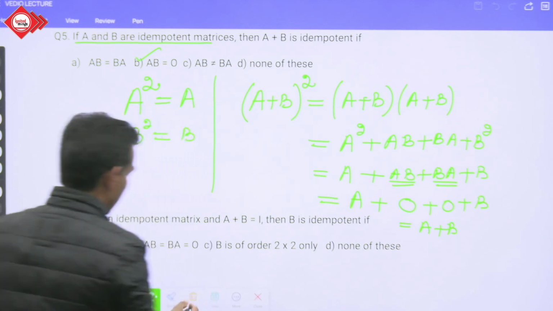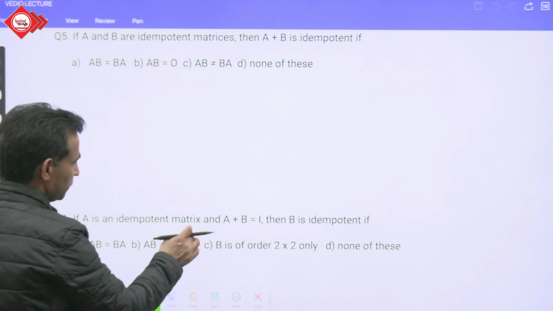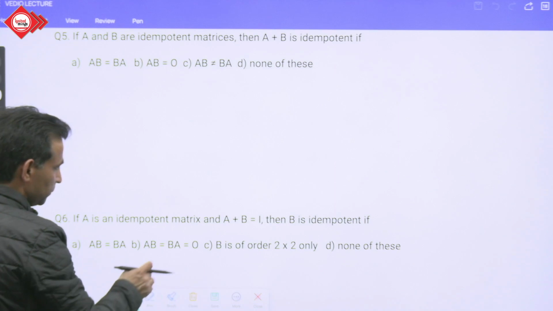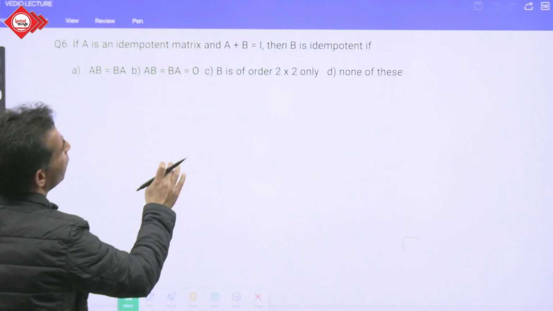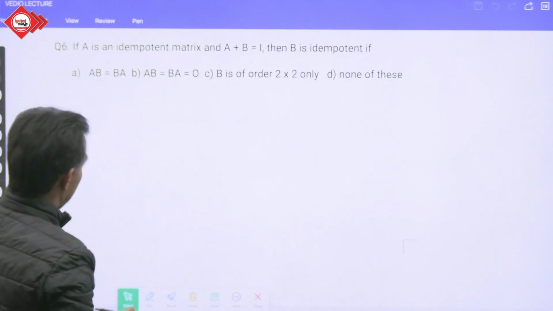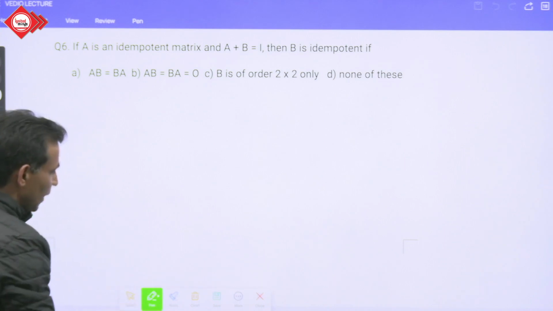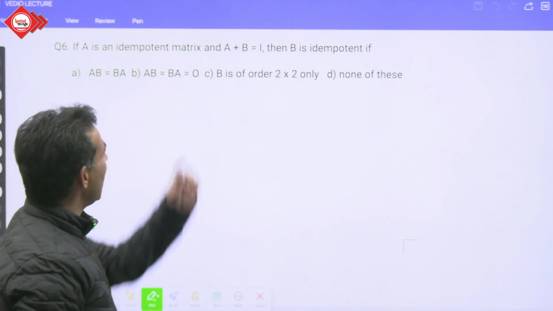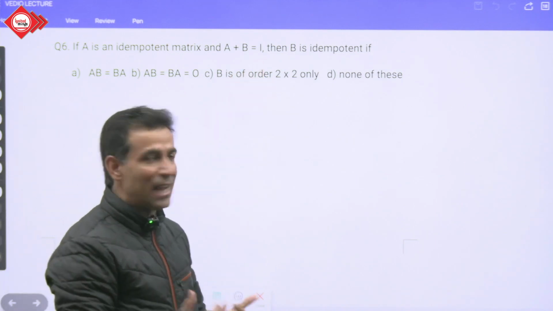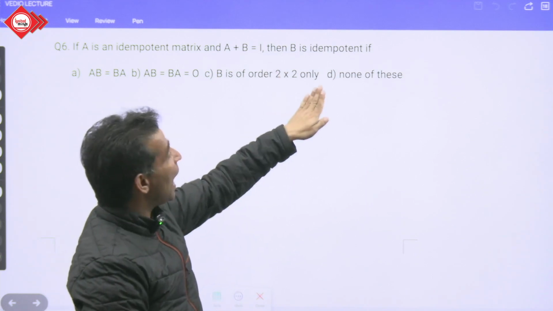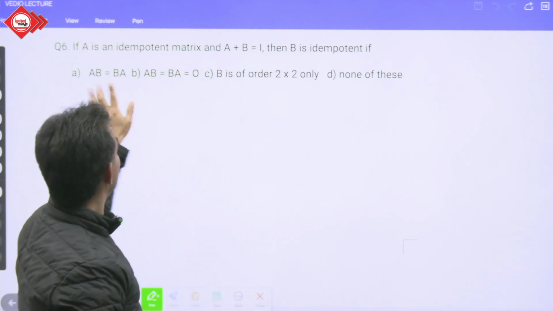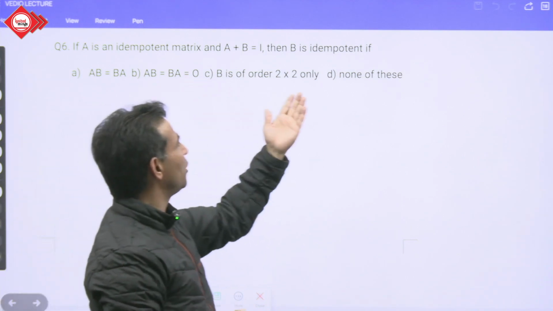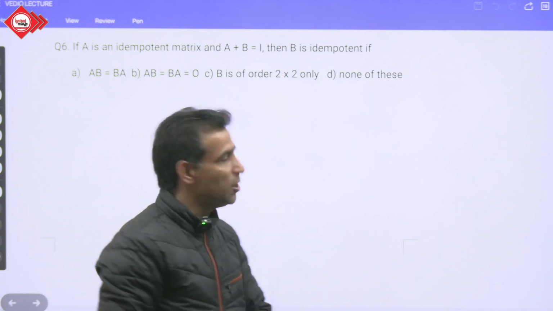So let's come to next one. Here it is written that if A is an idempotent matrix and A plus B is an identity matrix, then B is idempotent if AB equal to BA, AB equal to BA equal to null matrix, B is of order 2 cross 2 only, and D part is none of these.